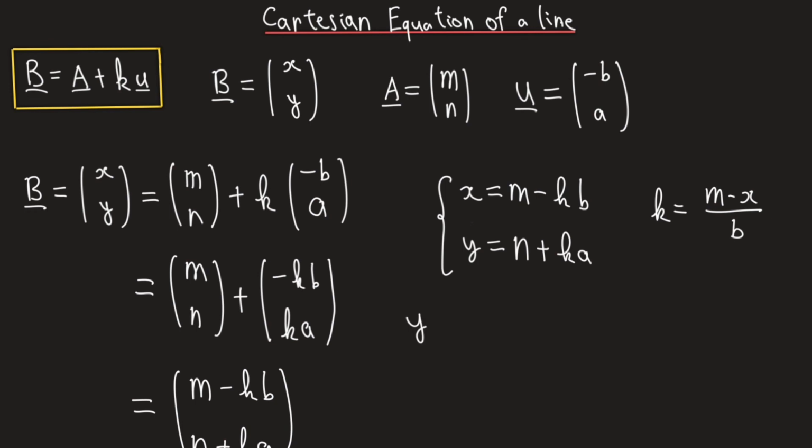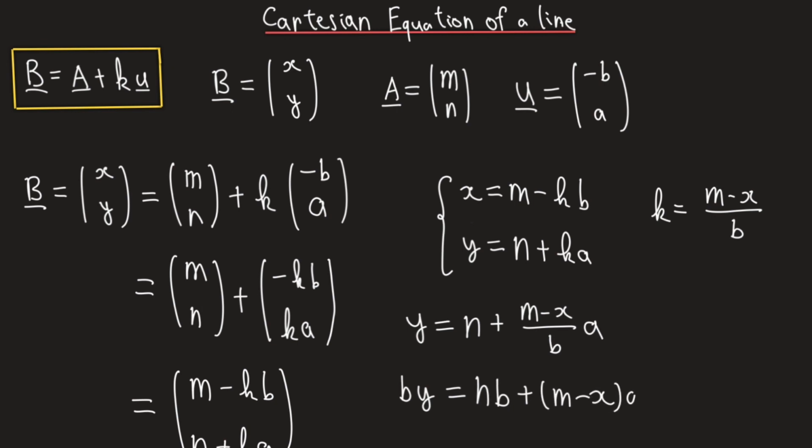And finally, what we will do is substitute our new expression for k in this expression for y, which yields y equals n plus (m minus x) divided by b times a, and therefore we get that by equals nb plus (m minus x) a.